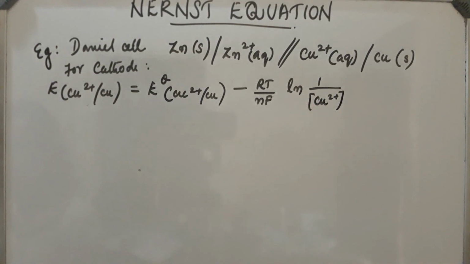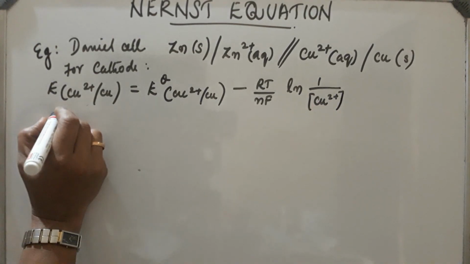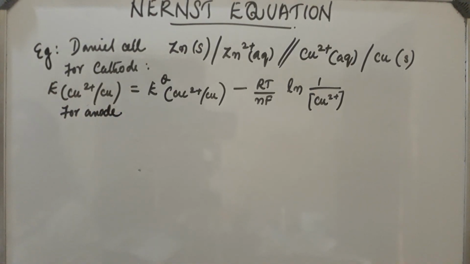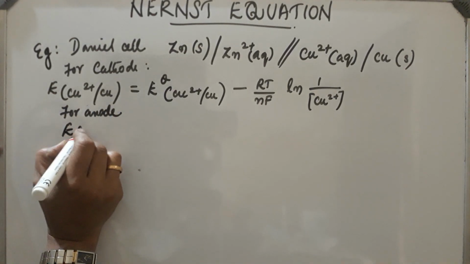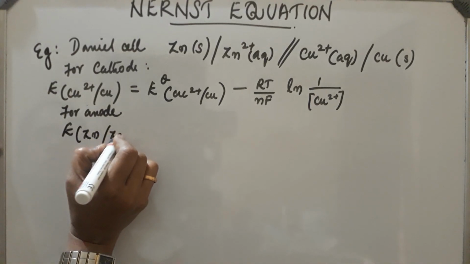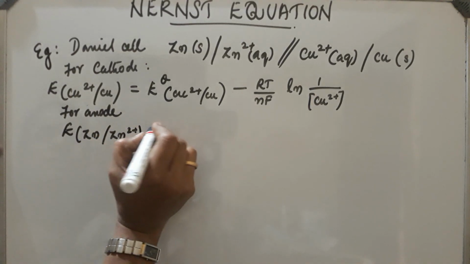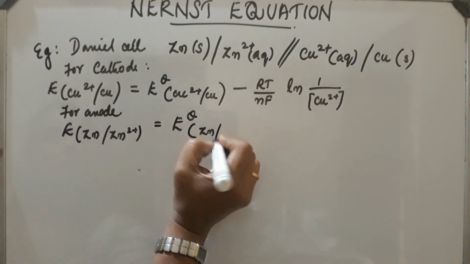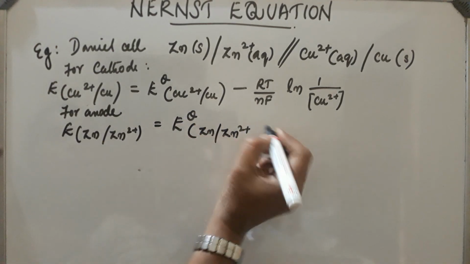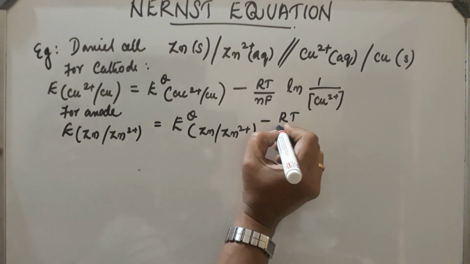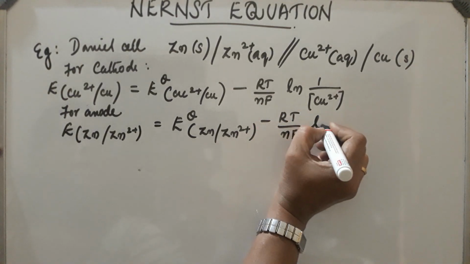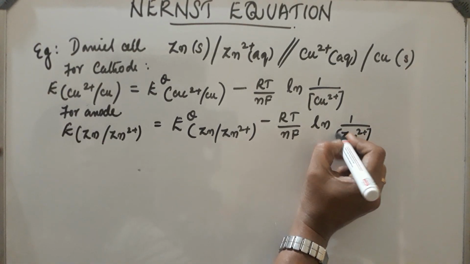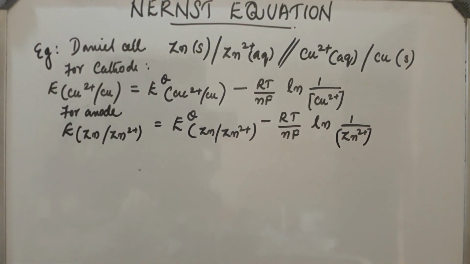Next, for the anode, similarly we can write: Zn2+ equals standard potential minus RT by nF ln 1 by the concentration of Zn2+, like this.